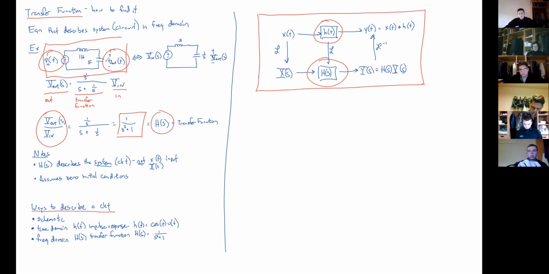The denominator of the H(s) will always be the same. The only thing that will differ as we're looking at different parts of the system will be the numerator. The denominator will always be the same. So the denominator down here is also sometimes called the characteristic equation, because no matter where the output is taken for your particular system, it will be the same.